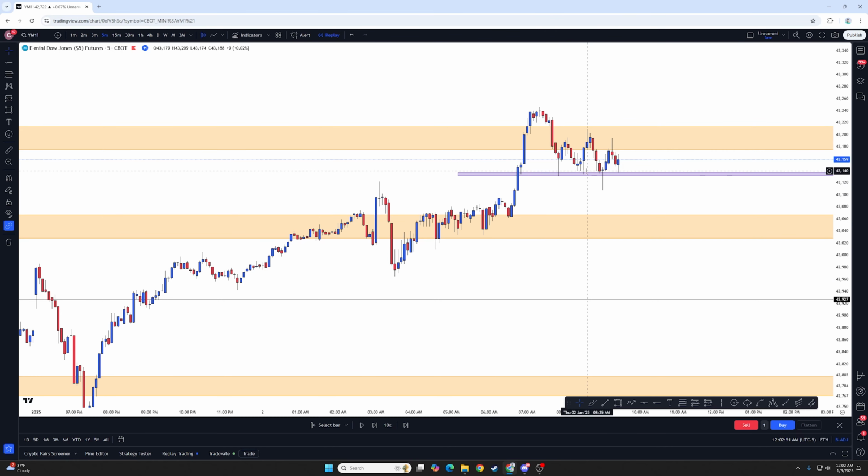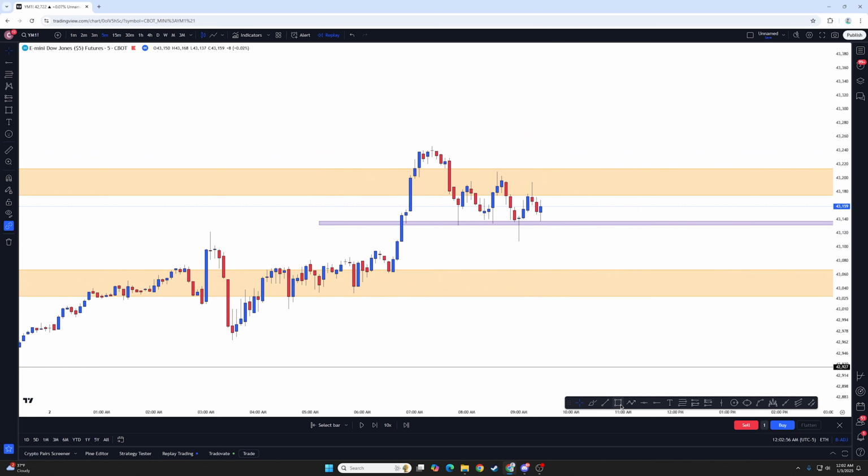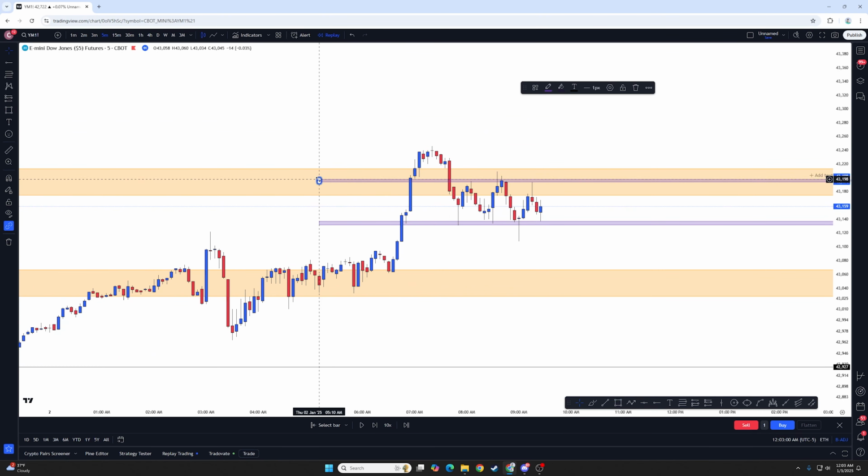I saw that we were using this as some support, and I saw that this up here technically was my resistance, right? So I always prepare for both sides of the market because I'm just reacting to whatever the market does, and I have certain rules that I put in place that help me.